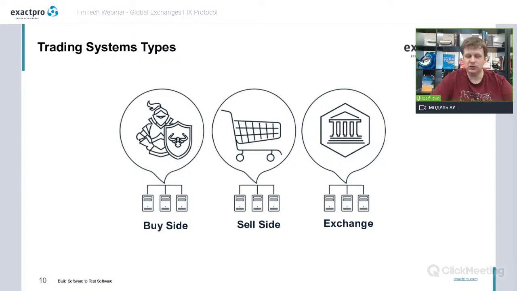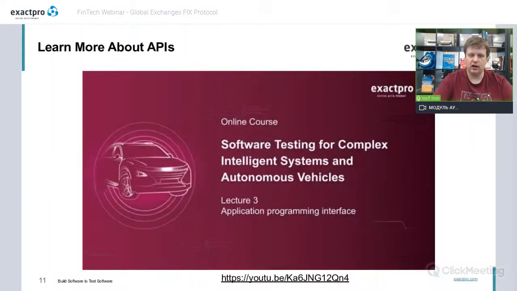And in order to do so, they need some protocol or API for communication. If you are interested to learn more about APIs and what protocols are, please refer to lecture 3 of our software testing for complex intelligent systems and autonomous vehicles course.